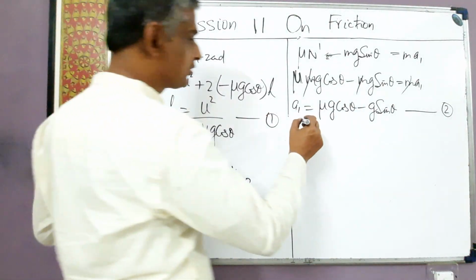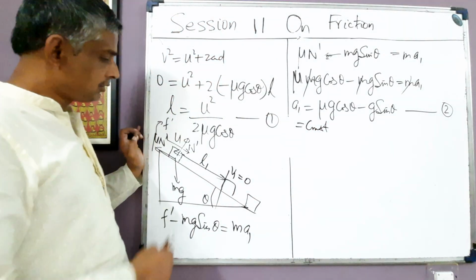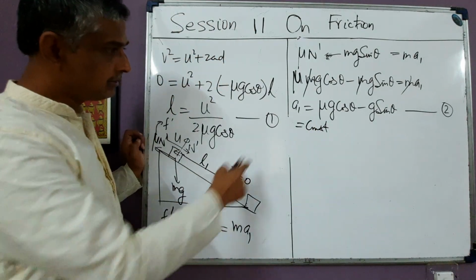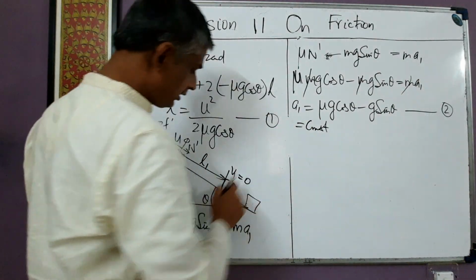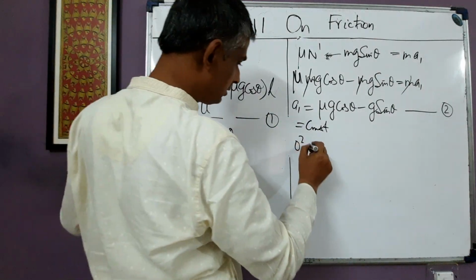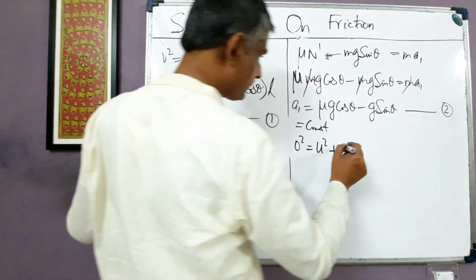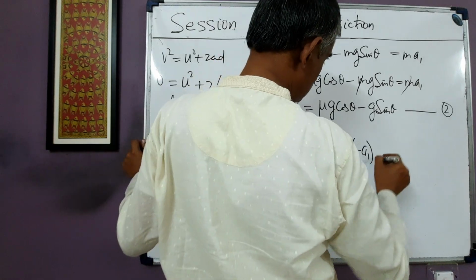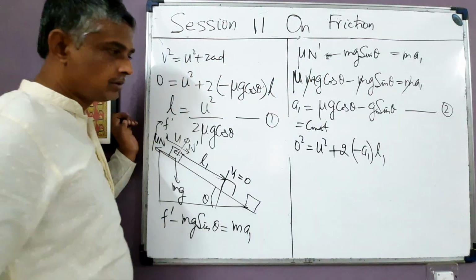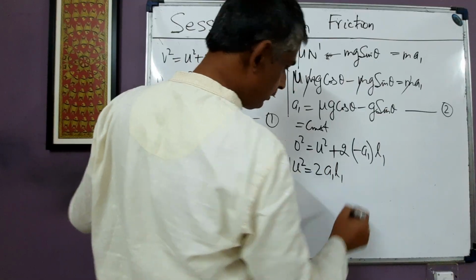Now this is seen to be a constant quantity. It is given in the question that its deceleration is uniform. So from here to here I apply the formula v square equal to u square plus 2ad in this direction, down the incline. Here speed v1 becomes 0. Again, the downward direction I take to be positive. So here I insert a minus sign into L1. So this means u square is equal to 2 a1 L1.